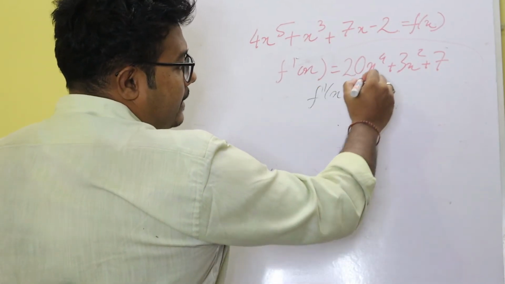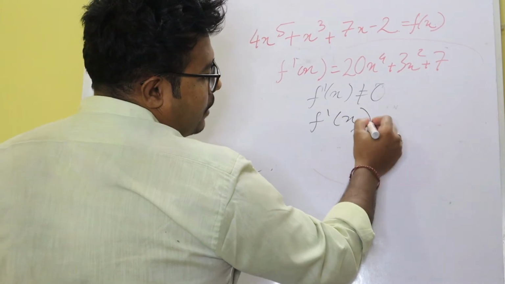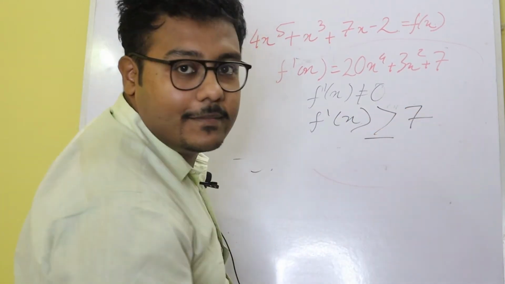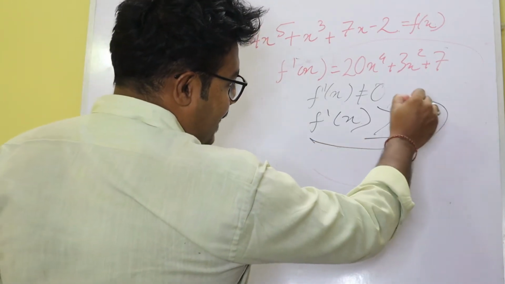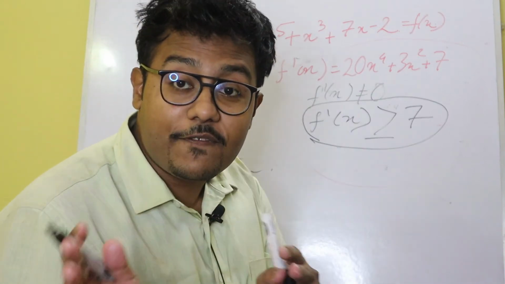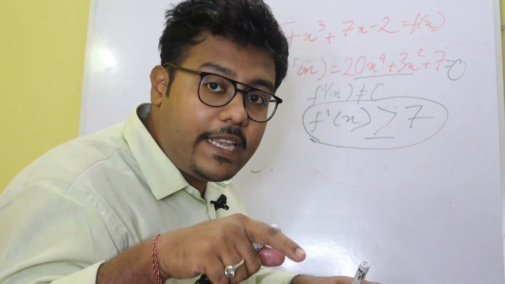What you will see is that the value of this f dash of x will always be greater than or equal to 7, right? So if this is the ultimate conclusion, then we can say that Rolle's theorem is failing miserably here. Thus Rolle's theorem is also failing.